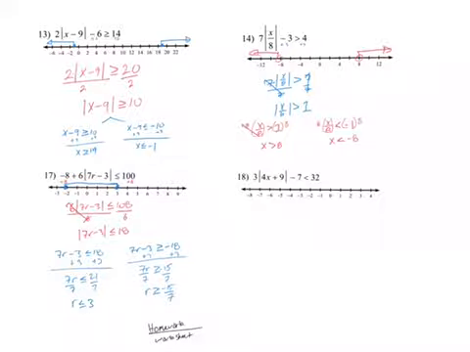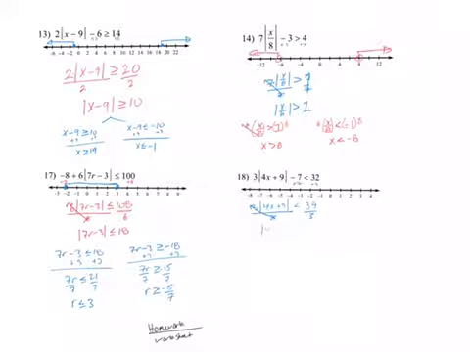One more. Add 7 to both sides, because I'm trying to isolate the absolute value. So I have 3 times the absolute value of 4x plus 9 is less than 39. Divide both sides by 3.